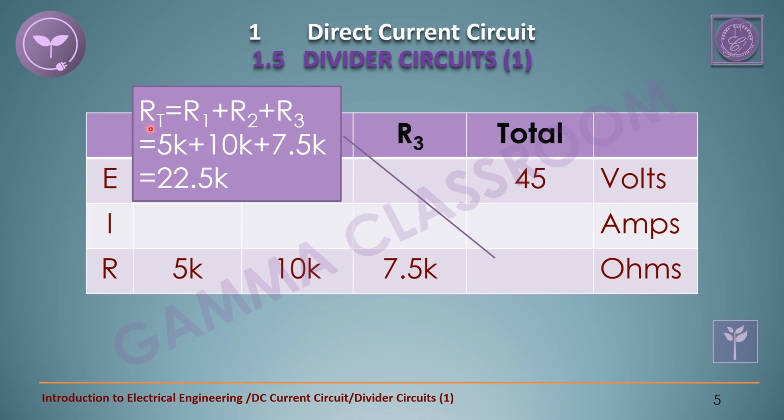So RT, the total resistor, equals R1 plus R2 plus R3, which is 5K plus 10K plus 7.5K, equal to 22.5 kilo ohm.